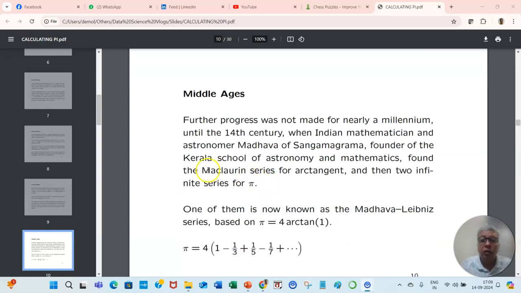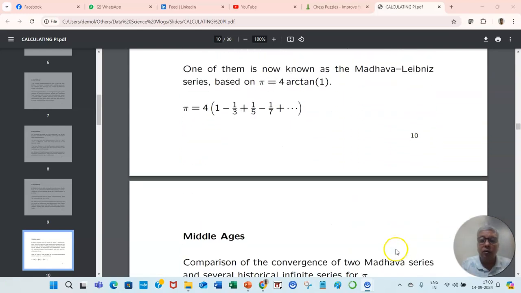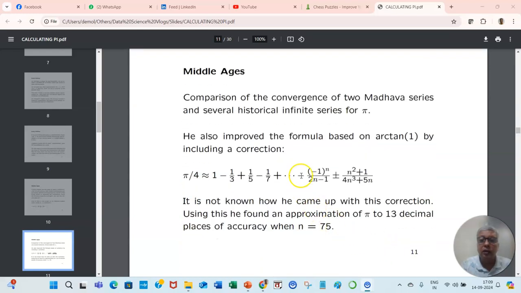Madhava, the founder of the Kerala School, used pi by 4 equal to tan inverse 1 to come up with the series: 4 into pi by 4 equals 1 minus 1/3 plus 1/5 minus 1/7 plus 1/9, etc. This is known as the Madhava-Leibniz series. And Madhava found a correction factor to the nth term.